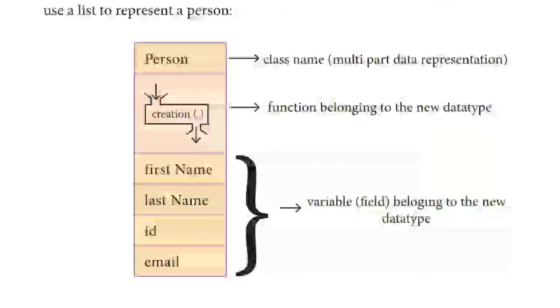Structure can have multiple values in it. Here the person is the variable name, which has multiple values, like first name related to the person, last name related to the person, the id of the person, and the email of the person.